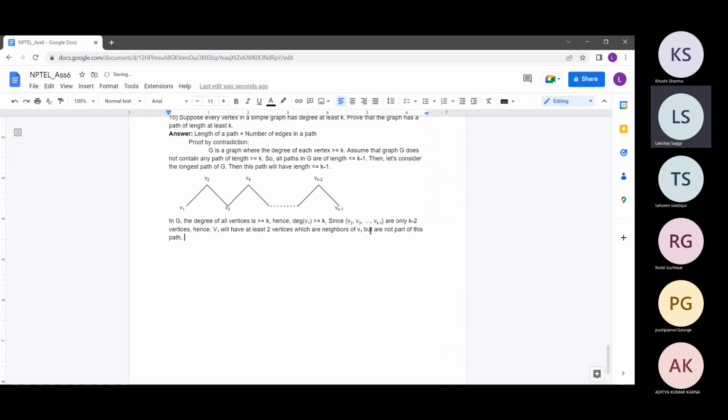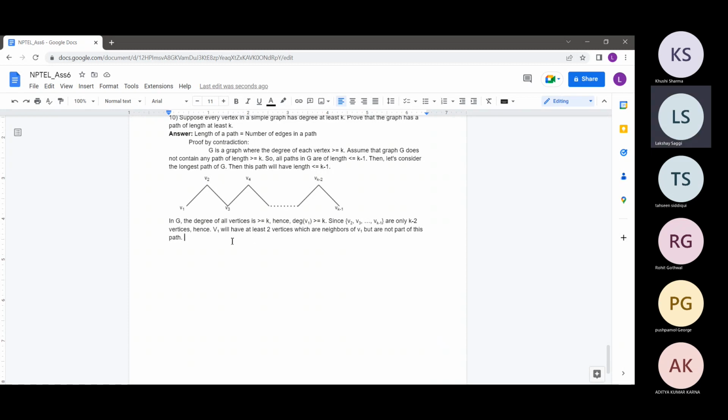I hope I'm making sense to you guys. So V1 will have at least k neighbors, and since these vertices are only k minus 2 vertices, V1 will have at least two neighbors which are not part of this path, right?